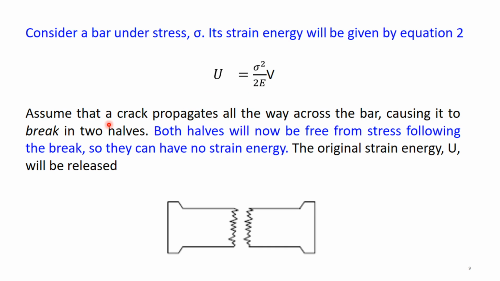Assume that a crack propagates all the way across the bar, causing it to break into two halves. So a crack is initiated in the bar and finally it is broken into two halves. Both halves will now be free from stress following the break.